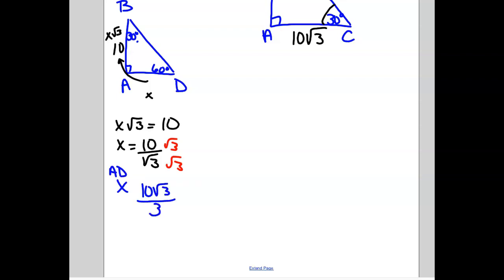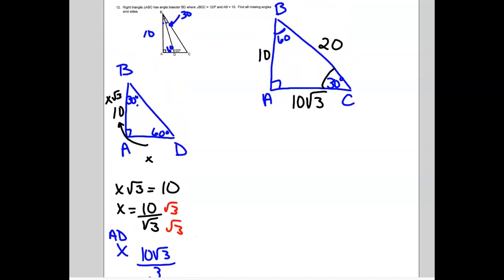And then the hypotenuse of that is twice that short leg, so side BD is 20 root 3 divided by 3. I think we found all of the sides.